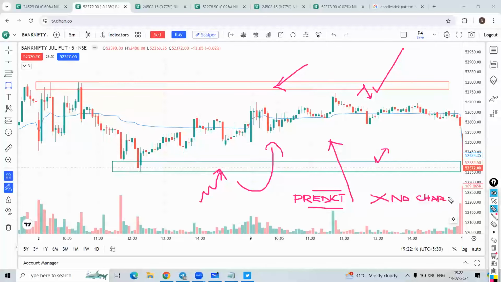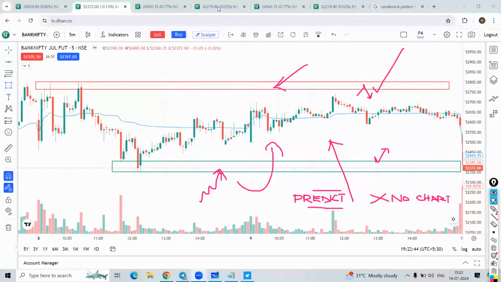Now tell me, are you comfortable? Whether your confidence level will be high or low when you have awareness of direction, when you have a chart confirmation. Trading is all about psychology, right?